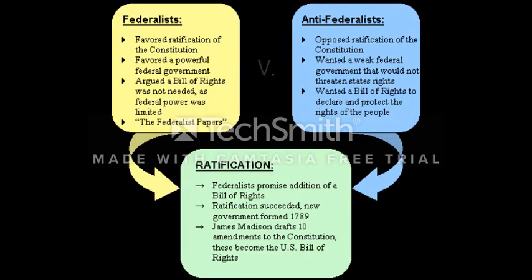Now, after you've done all of the work of understanding all of these nuances of the Constitution, make sure you understand and pull out of the chapter the fact that there were really two groups of people who leave the Constitutional Convention after the document's written. You've got the Federalists who supported the Constitution, and then the Anti-Federalists who opposed it.